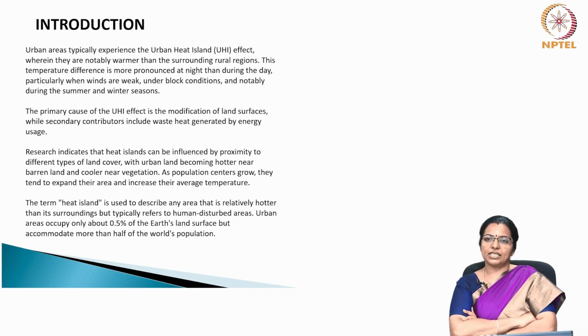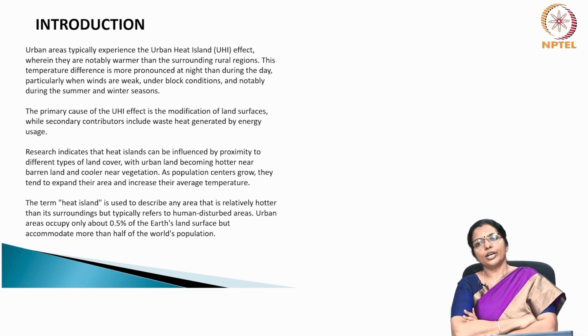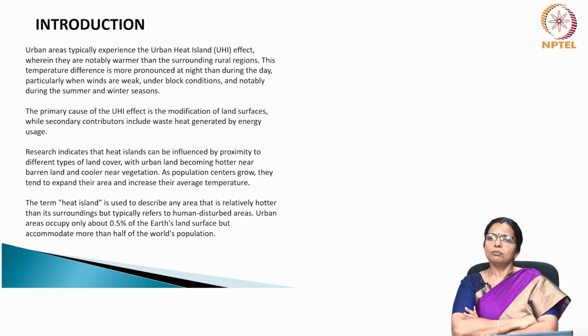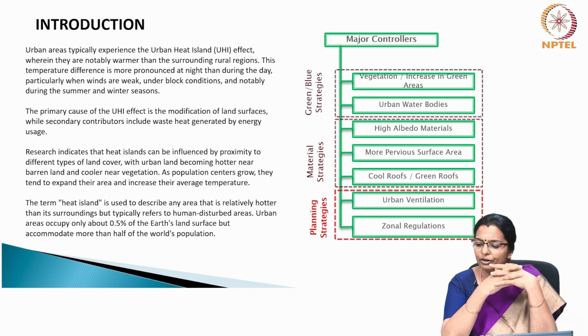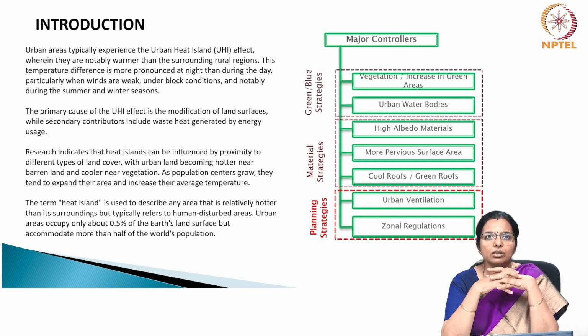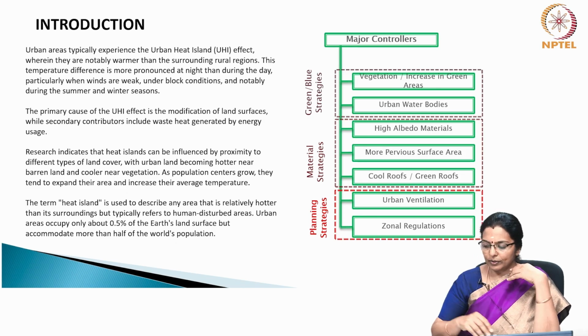The term heat island is used to describe any area that is relatively hotter than its surroundings, but typically refers to human disturbed areas. Urban areas occupy only about 0.5% of the Earth's land surface, but accommodate more than half of the world's population.